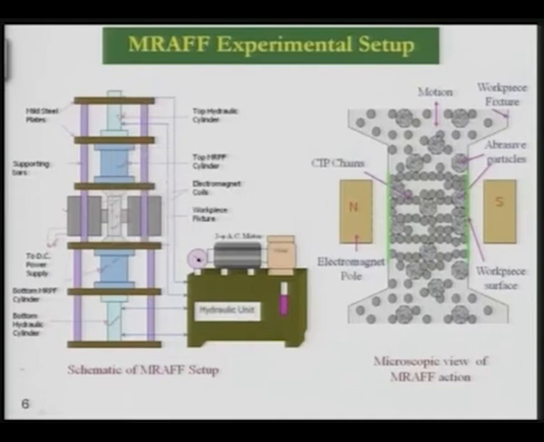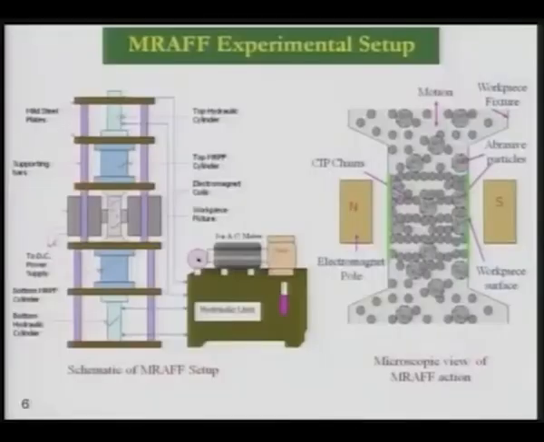So up and down motion of the medium takes place through the workpiece, and when this workpiece comes in contact with the medium, then abrasive particles start abrading. As you can see here on the right hand side, these are the abrasive particles, and these are the chains which have been formed by the carbonyl iron particles or iron particles, and here is the north pole and south pole.